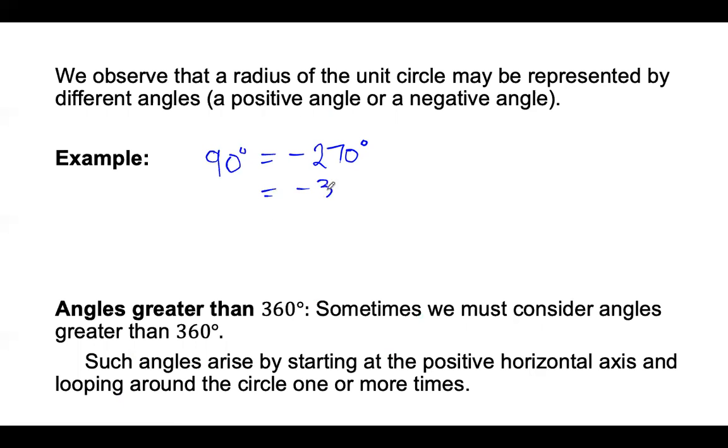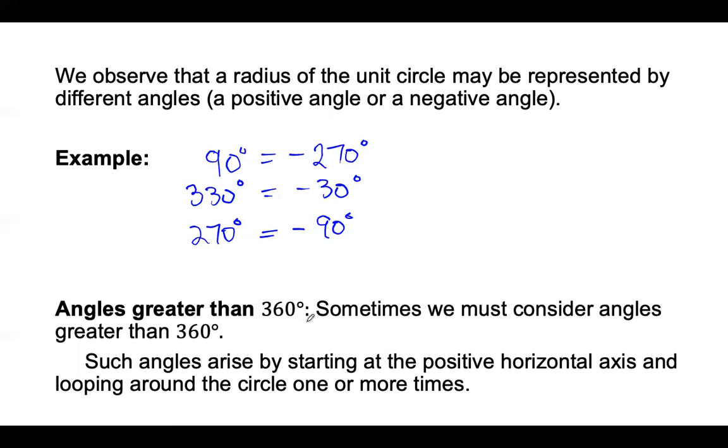Or negative 30 degrees, what is that equal to? Right, 330 degrees. And we found negative 90 degrees was equal to 270. So we can go clockwise or counterclockwise.